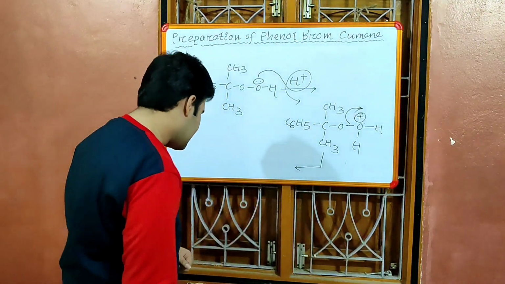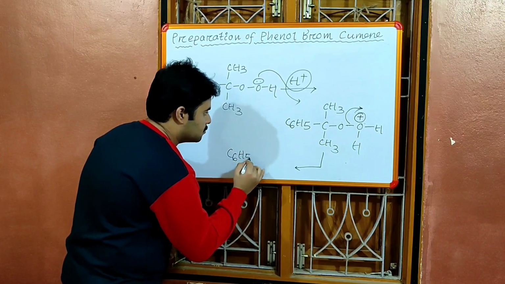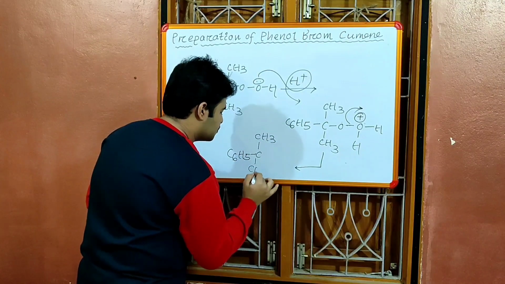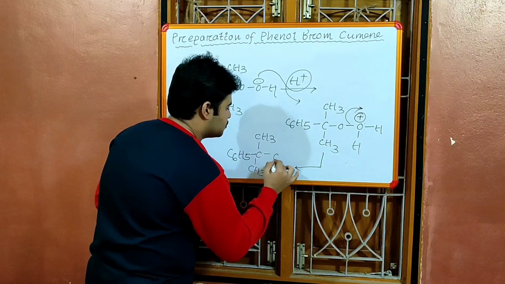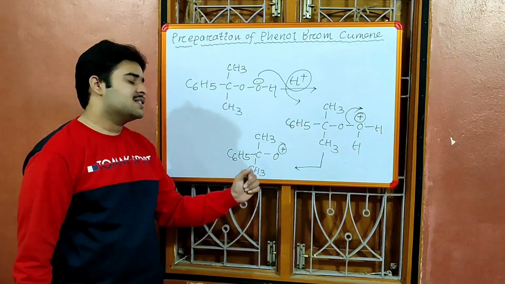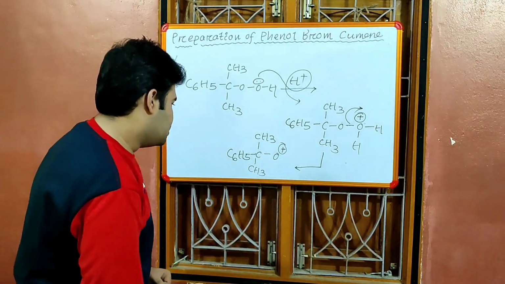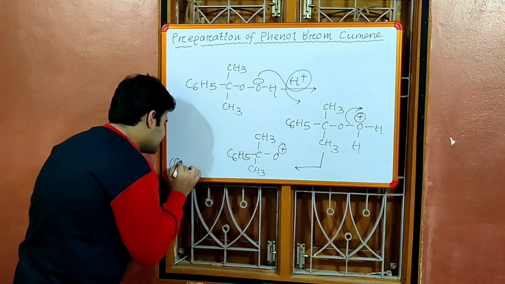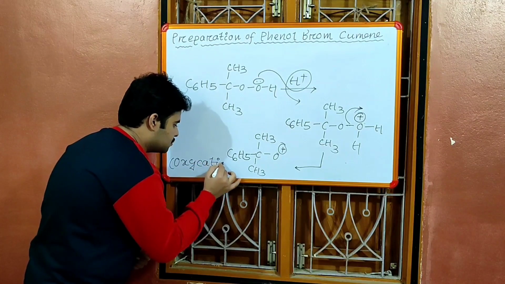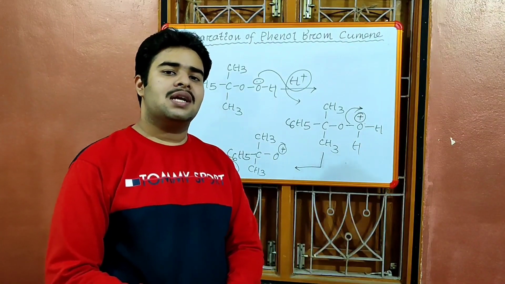So what will be our next product? There will be a positive charge over this oxygen atom, and it is an oxycation. We have to name this as oxycation. And now also there is the presence of a positive charge over an oxygen atom.